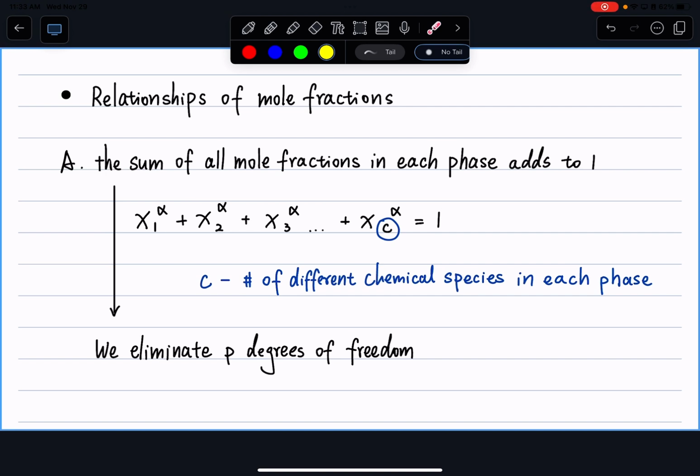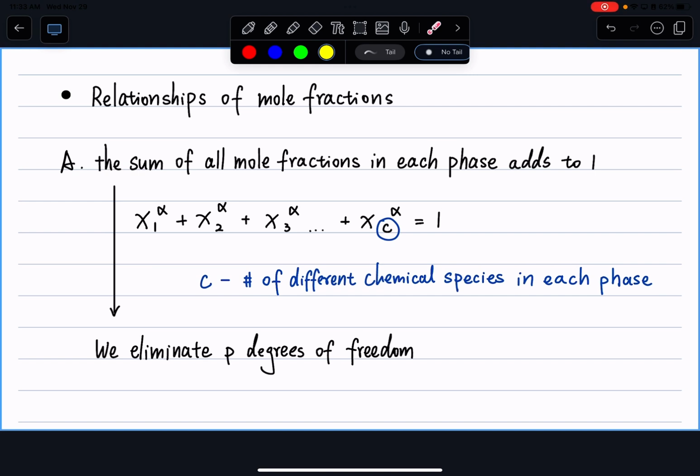Should be fine. So we have two different kinds of relations to take into consideration. First of all, in each phase, your mole fraction must add up to be 1. It's a fraction, so for every species C, for the phase alpha, all your species must add up to be 1.